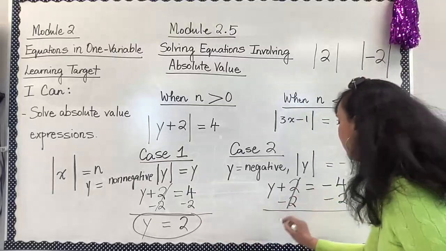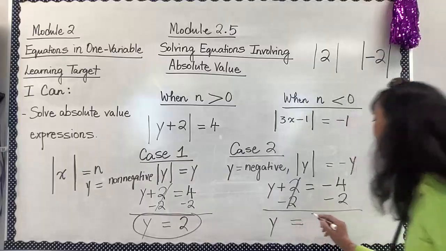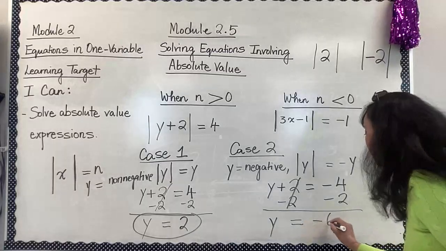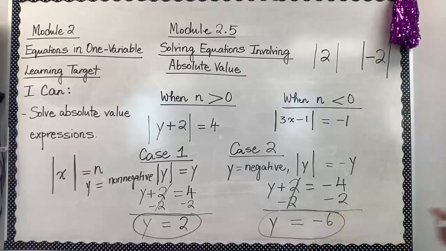So I'm left with y is equal to negative 4 minus 2, which is negative 6. So here is my other scenario that I can get when I simplify.